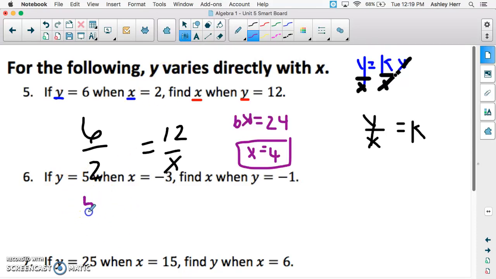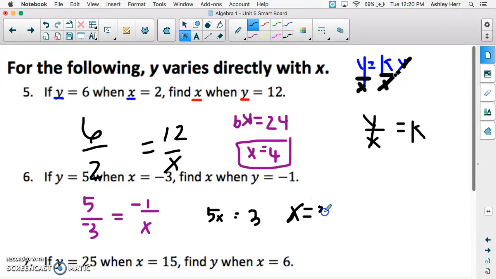I set up in the same form, y over x is equal to y over x. When I solve this one, I get x is equal to 3/5.